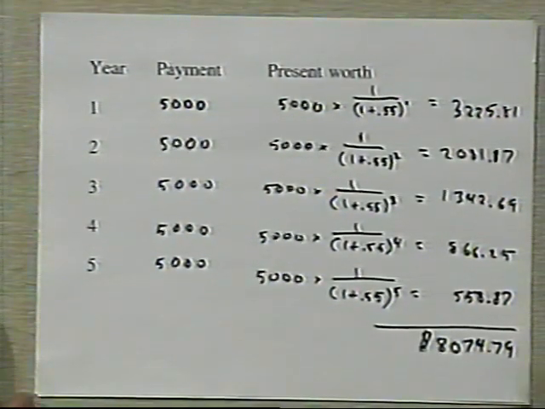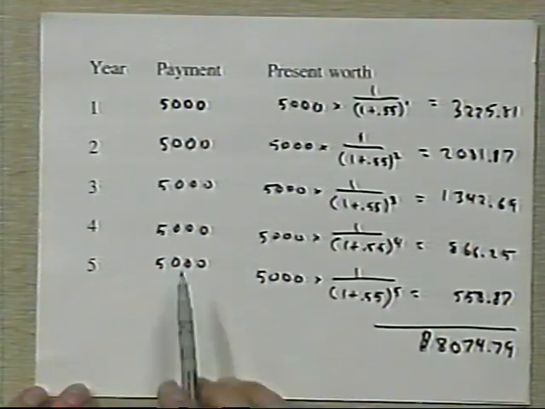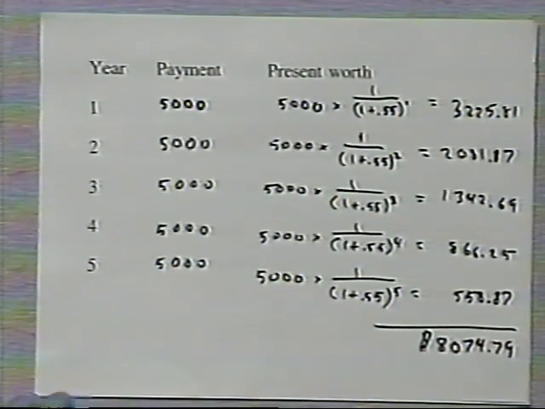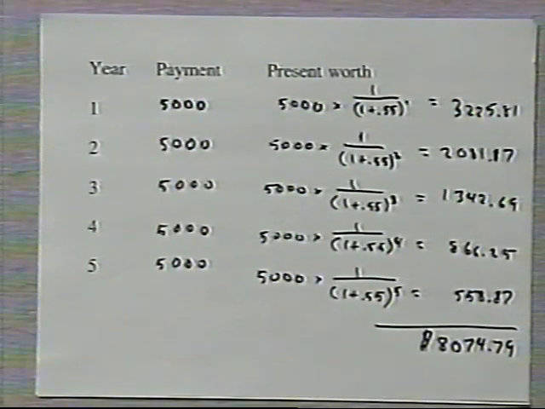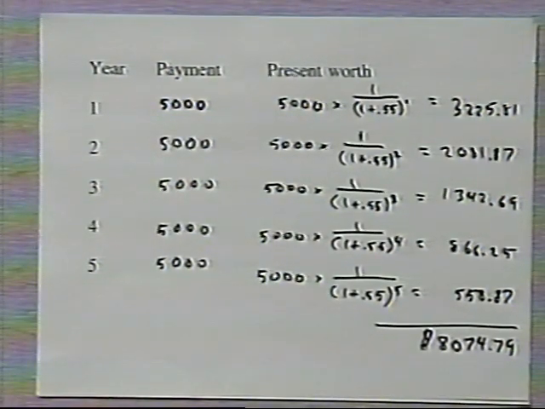So this is saying that even if this overhaul saves us $5,000 per year, it really isn't justified by our $10,000 expense today. Because those $5,000 savings each of the 5 years are only equivalent, when they're totaled, to just over $8,000. So we have to save more than $5,000.